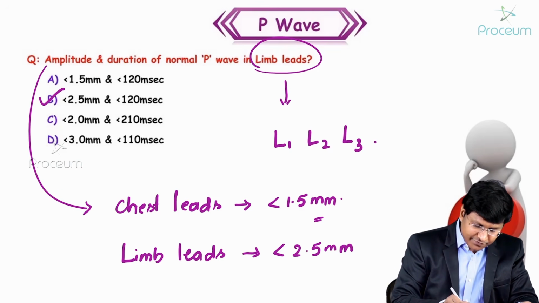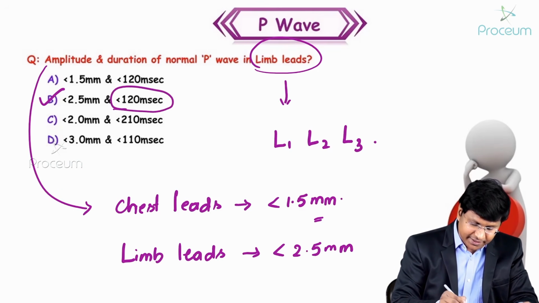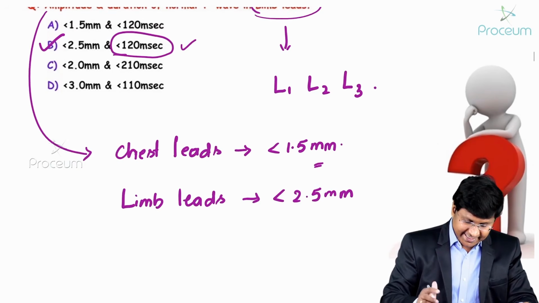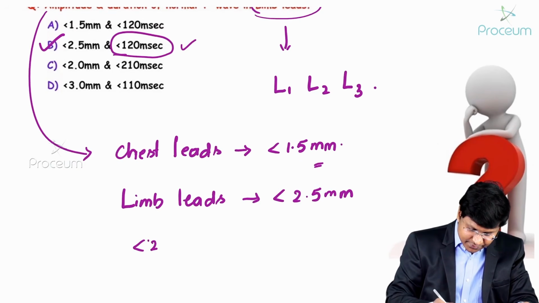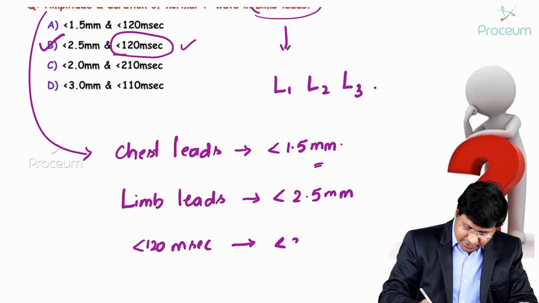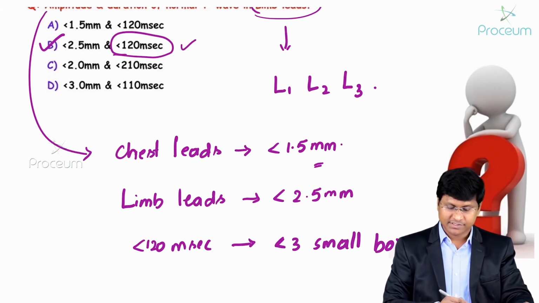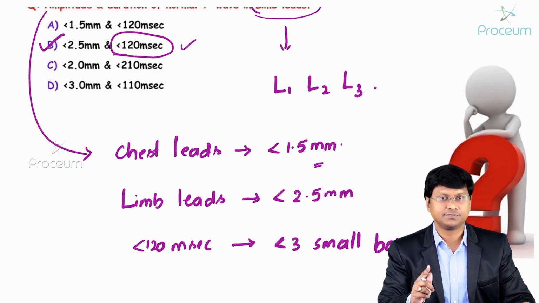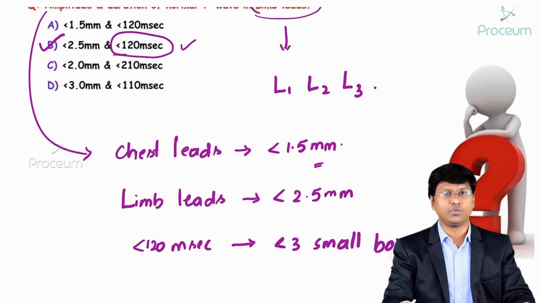The duration of the P wave, whether you take it in the limb leads or the chest leads, is standard: less than 120 milliseconds. Less than 120 milliseconds is equivalent to less than 3 small boxes on the x-axis, because one small box is around 40 milliseconds, and 40 multiplied by 3 becomes around 120 milliseconds.